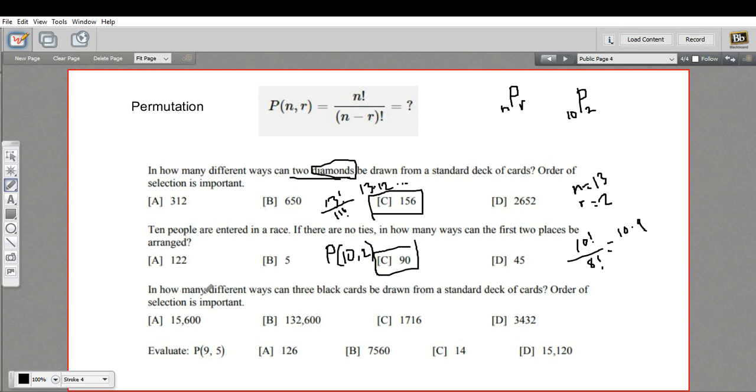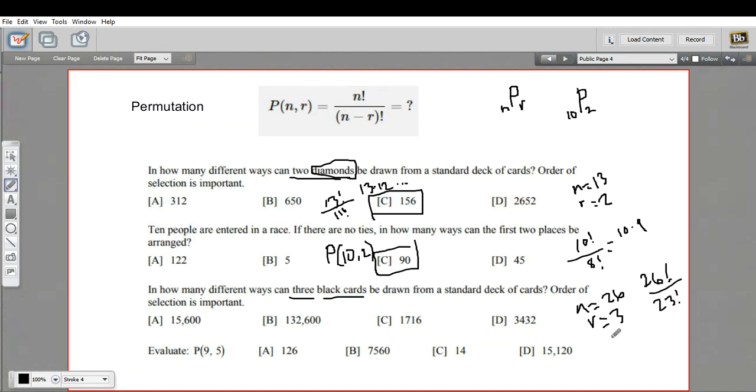Let's try another one here with playing cards. It says, in how many different ways can 3 black cards be drawn from a standard deck of cards? So our total here, our n, is going to be the number of black cards in a deck of cards, and that is 26. So n equals 26. Our r is 3 because we're choosing 3 black cards. So our formula here is going to be 26 factorial over 26 minus 3 factorial, which is 23 factorial.